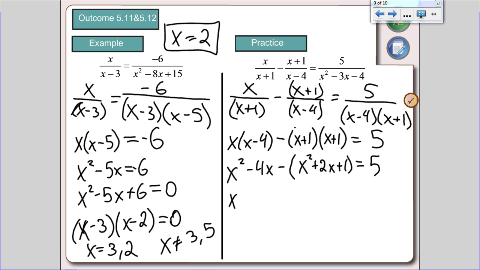All the x squares cancel out. You get negative 6x. I'm going to bring that 5 over, so it gives me negative 6x minus 6 equals 0. I brought 5 over, so I subtracted 5 from both sides. So right here, minus 5, minus 5.